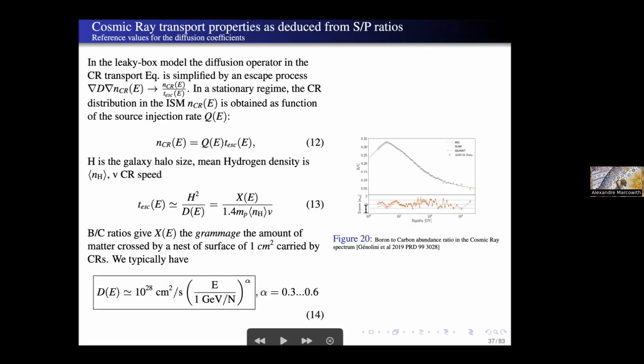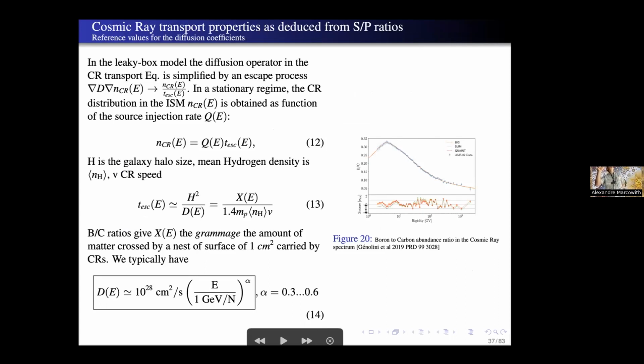So just one number you have to keep in mind is the typical value of the diffusion coefficient for cosmic rays in our galaxy, deduced from secondary to primary ratios. I show you boron over carbon. This is our observation. You see the very nice data.